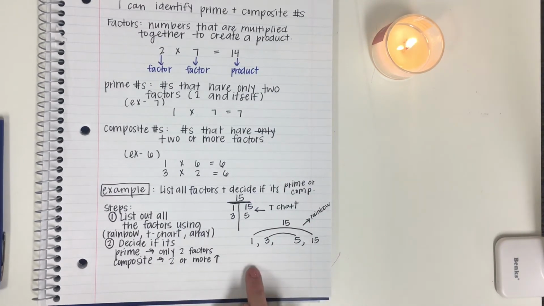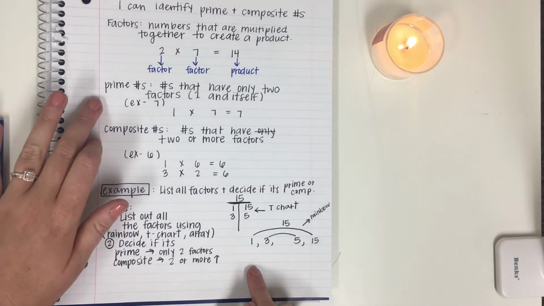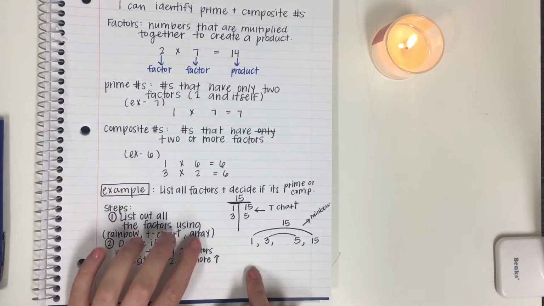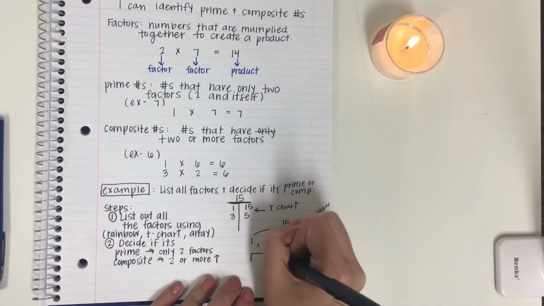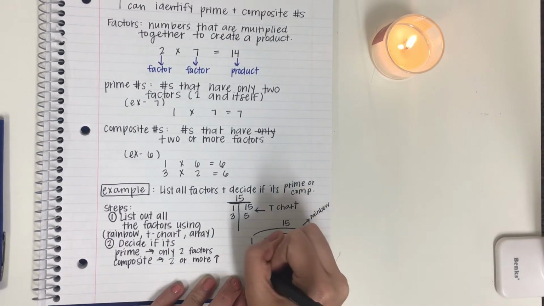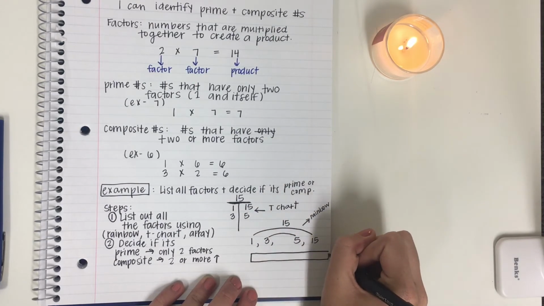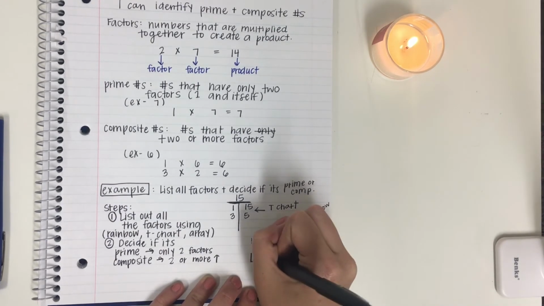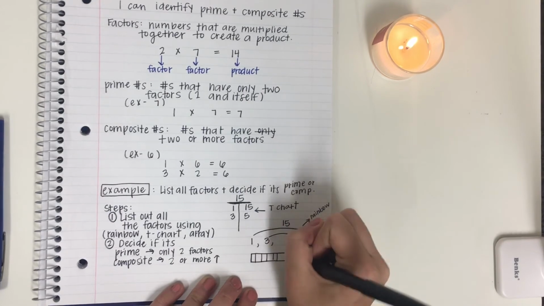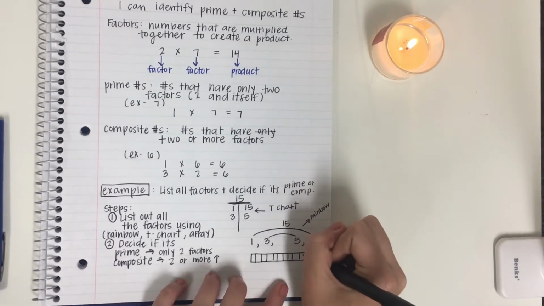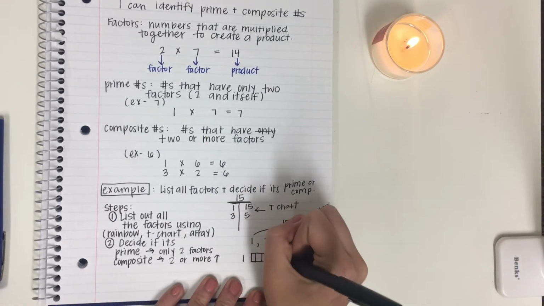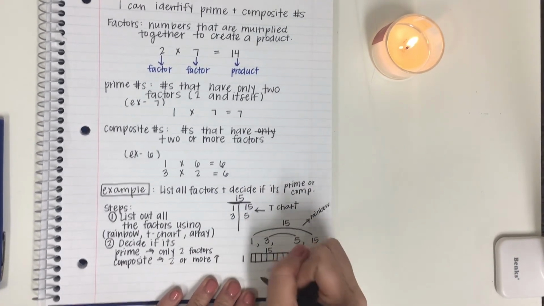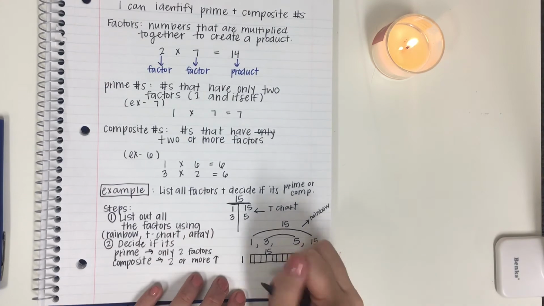The other way you could show me, or to determine if it's a prime or composite, is to use an array. So you could draw out an array. You could do 1 by 15. So 1 times 15, 1, 2, 3, 4, 5, 6, 7, 8, 9, 10, 11, 12, 13, 14. And then do another array, 3 by 5.